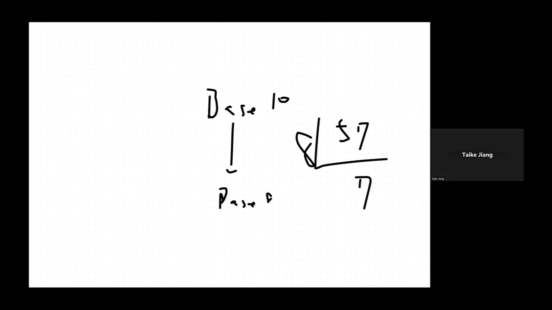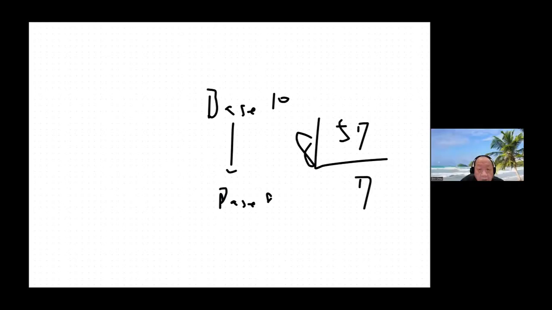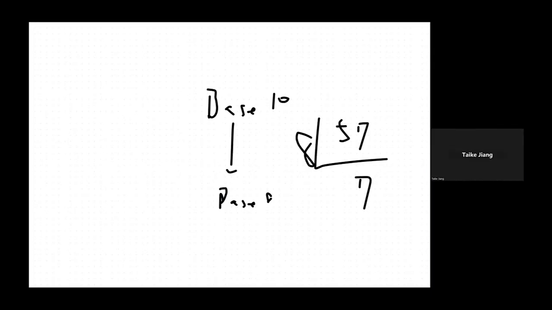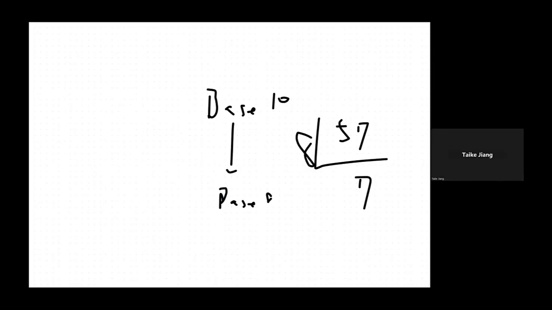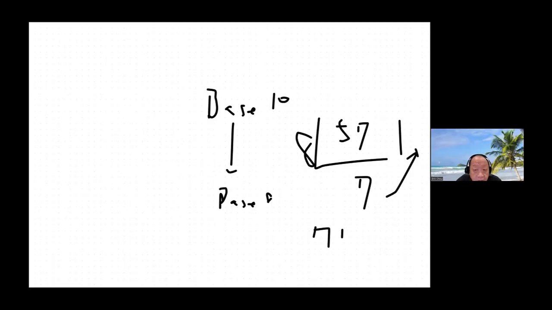Wrong. Wait, what else could you do? You have 7 remaining ones, so it actually is 71. Oh, wait. Oh, shoot. Okay, so this one is base 10 to base 8.